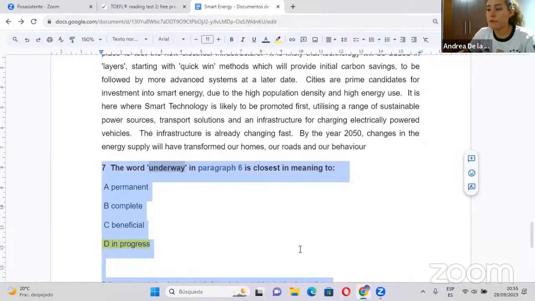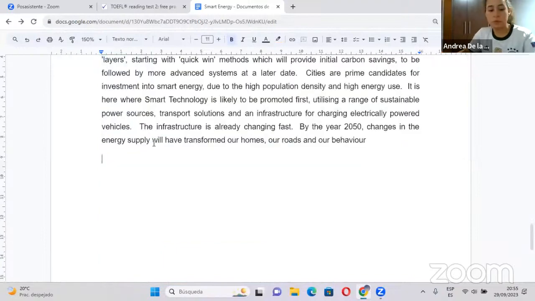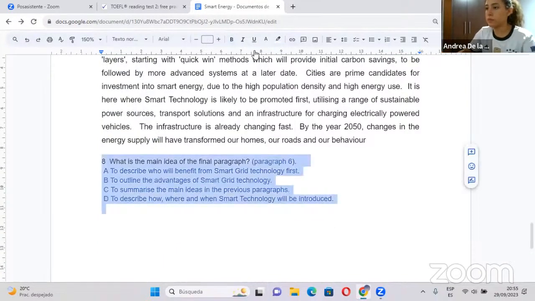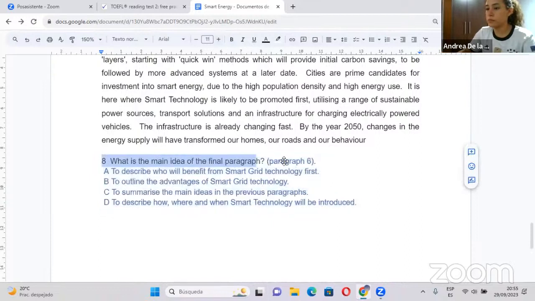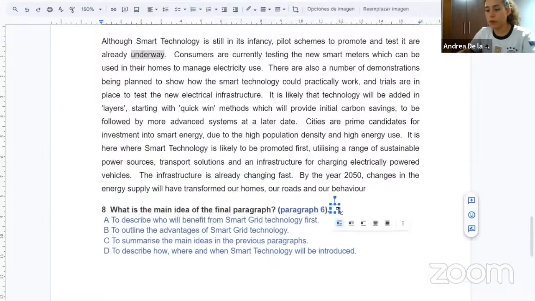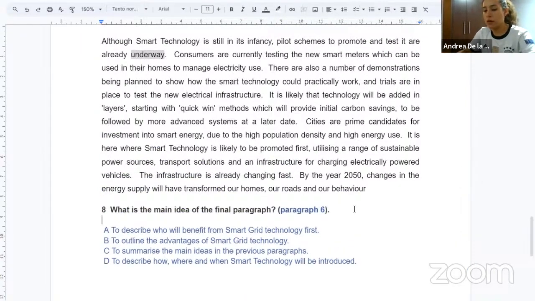Then we have question 8 that says, what is the main idea of the final paragraph? This includes the entire paragraph, but you don't necessarily have to read everything.